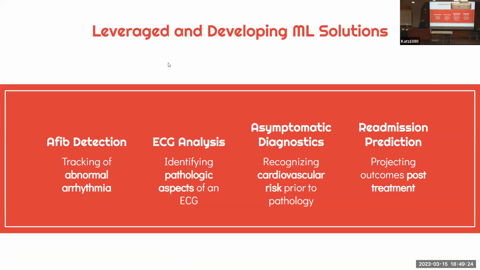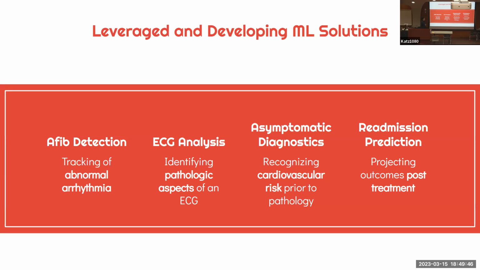Okay, so let's take a quick look at 4 ML solutions. We're going to take a look at AFib detection. Atrial fibrillation is when your heart loses rhythm in a certain way. We're going to look at ECG analysis. The ever famous ECG, your little green blip on the screen that everyone's watching, and then a flat line. Oh no, the patient's dead.